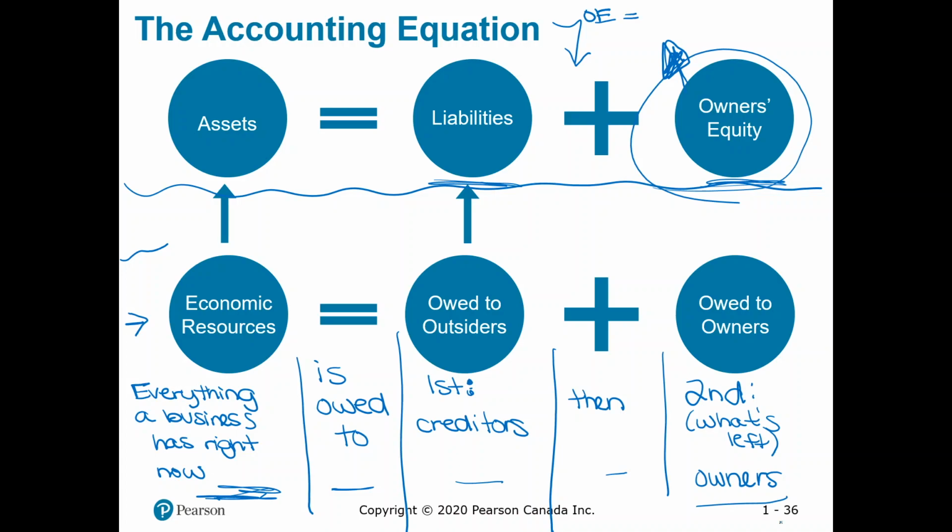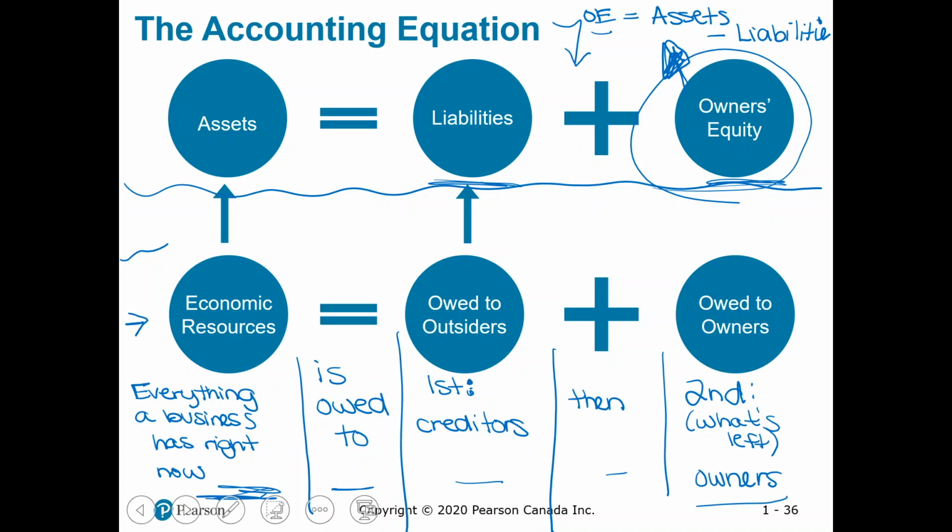So owner's equity is equal to the assets minus the liabilities. So that's another good way to think of it: the owners get what's left after the assets are used to pay those liabilities.